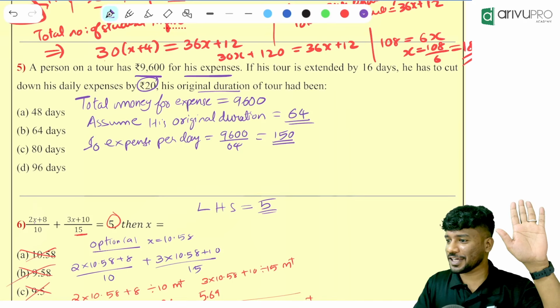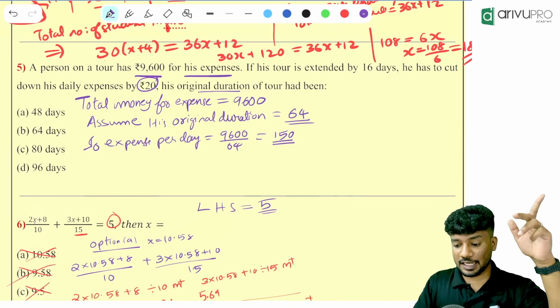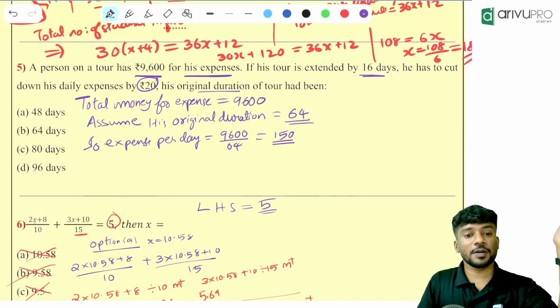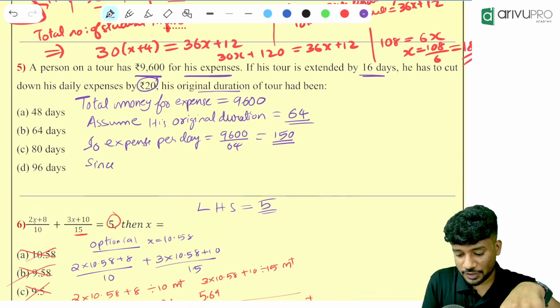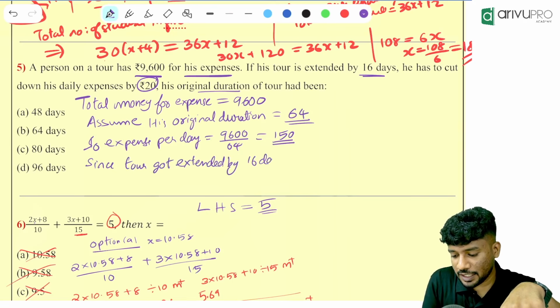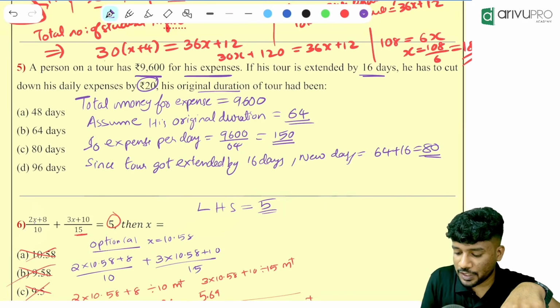Everyone understood that? Now, they are telling the tour got extended by 16 days. That means, since the tour got extended by 16 days, the new number of days is 64 plus 16, which is equal to 80. Then what happens to the expense?